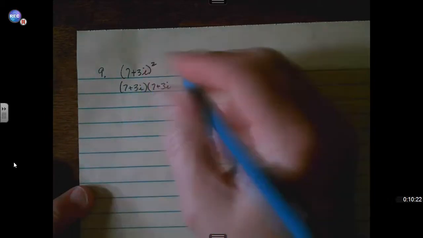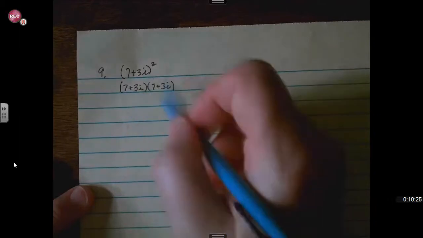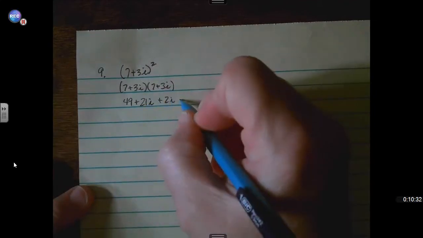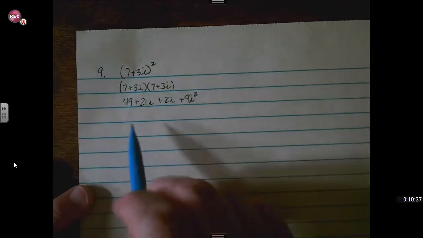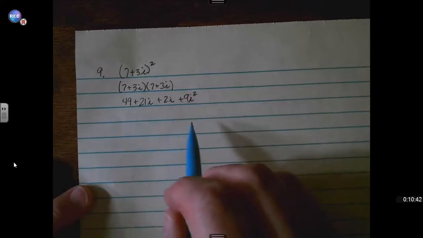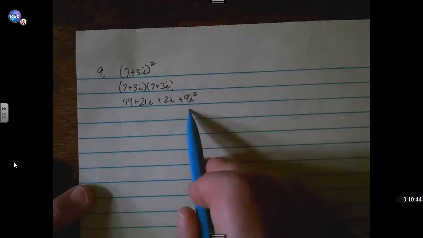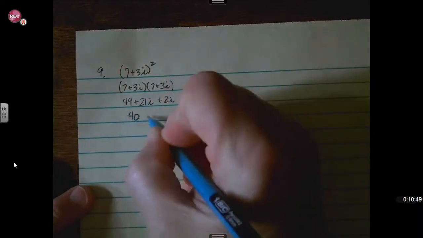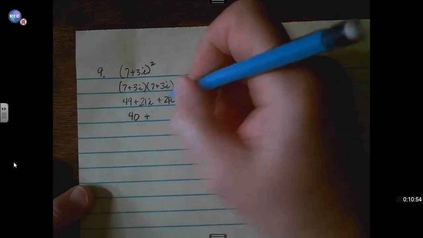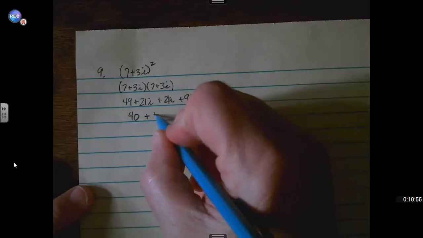So 49 plus 21i plus 21i plus 9i squared. So that's going to be 49 minus 9. 49 minus 9 is 40. And then plus 21i plus 21i. 21i plus 21i is 42i.